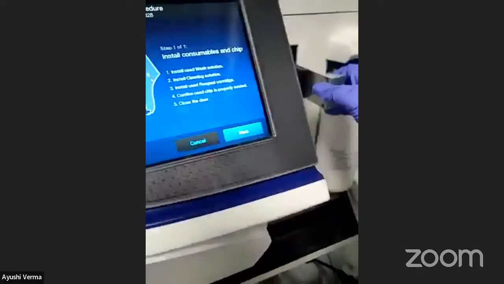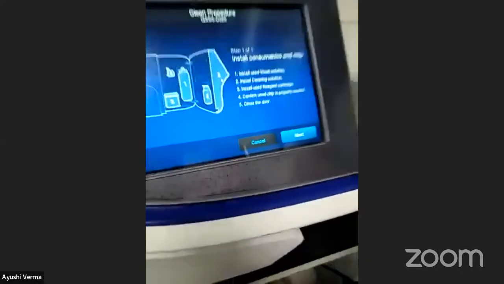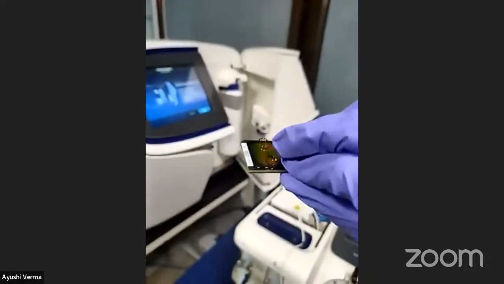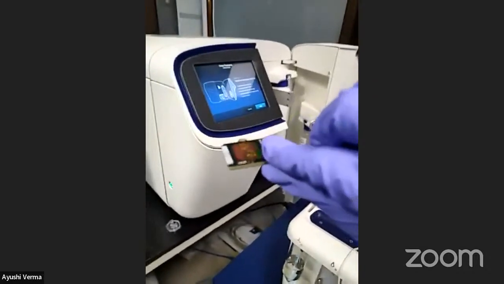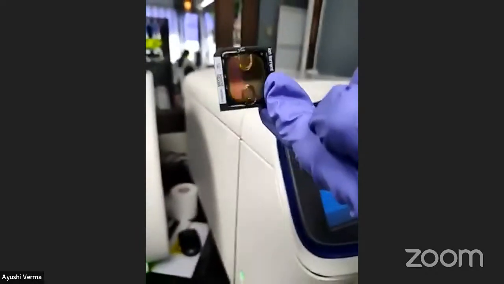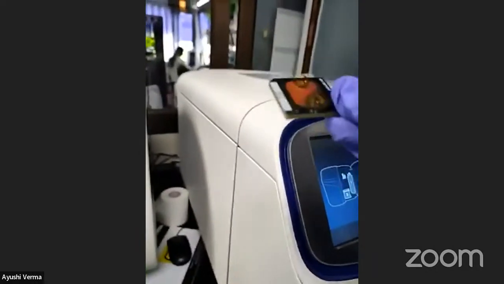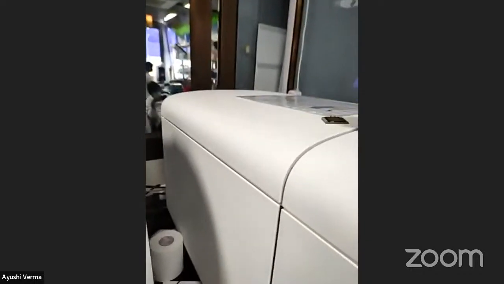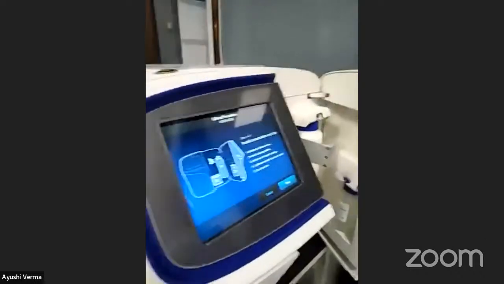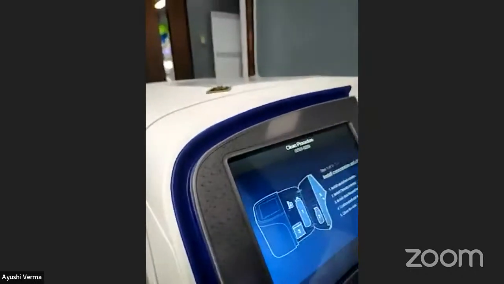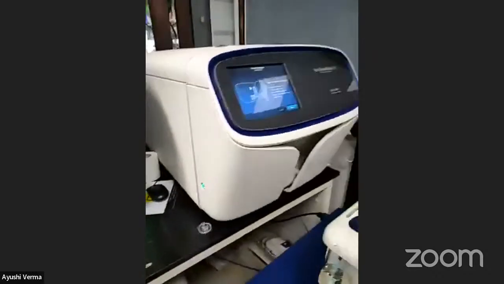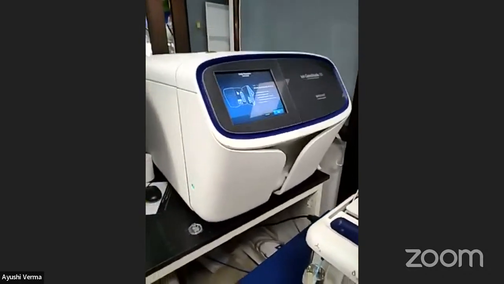So for that, the instrument has this chip. Here you can see in one of the oval structures, we actually load the sample. This chip has multiple small wells. Each well has a sensor attached to it. When you load the sample, you must be familiar that when the phosphodiester bond forms during DNA formation, there's a release of proton ions.